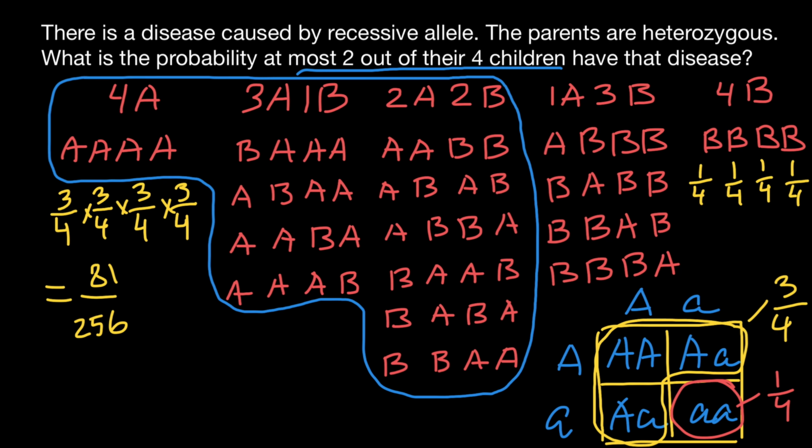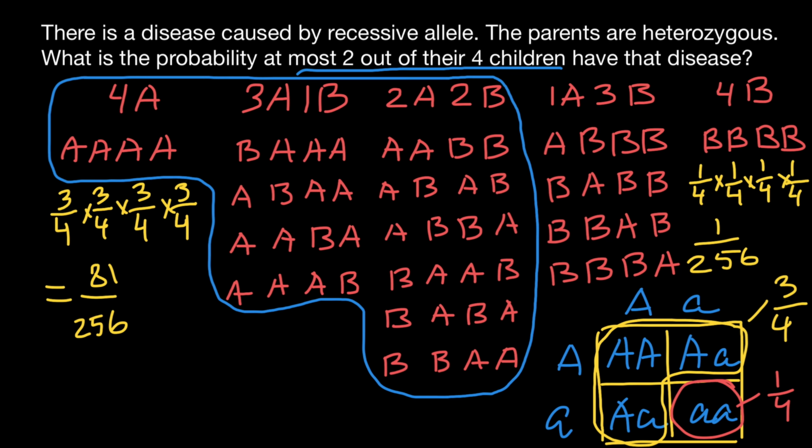And for example, here we are going to have 1 times 1 is going to be the same number. So in the numerator we are going to have 1 over 256.